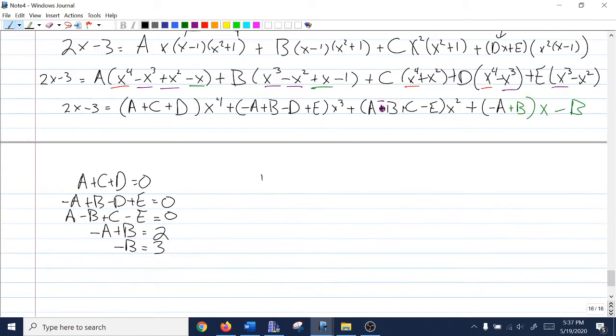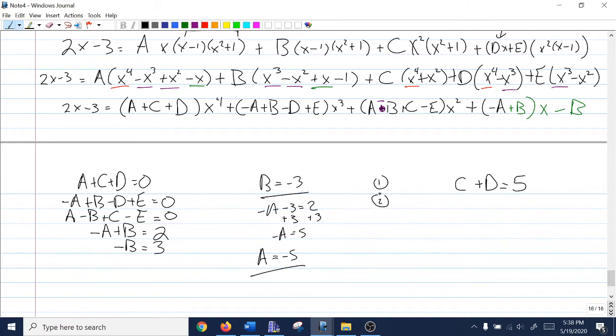Okay, B is negative 3. Plug that into here. Negative A plus negative 3 equals 2. Add 3 to both sides. Negative A equals 5. A equals negative 5. I have A. Yeah, those first 3 equations now become A plus C plus D equals 0. I'm going to add 5 to both sides. Equation 1 becomes C plus D equals 5.